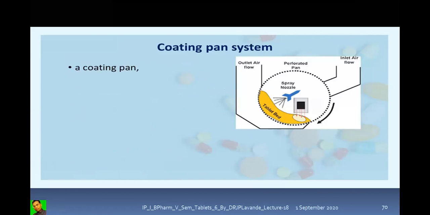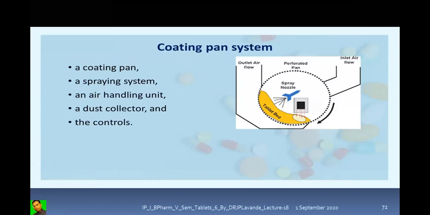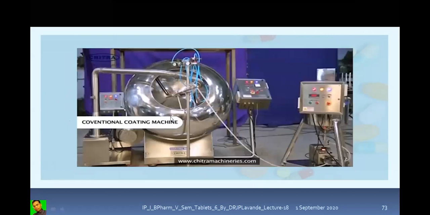So this is the coating pan system. As we already told you, it consists of a perforated coating pan, a spraying system, an air handling unit, a dust collector, and different kinds of controls. You can see the different controls, the coating pan, the assembly for blowing the air, and the atomizing devices for spraying the solutions at a predetermined rate onto the tablet bed.